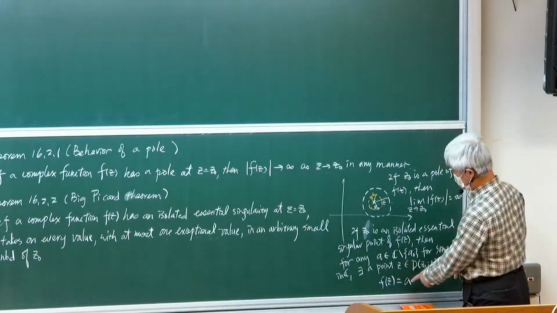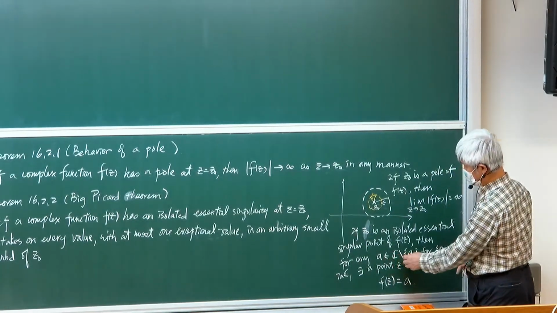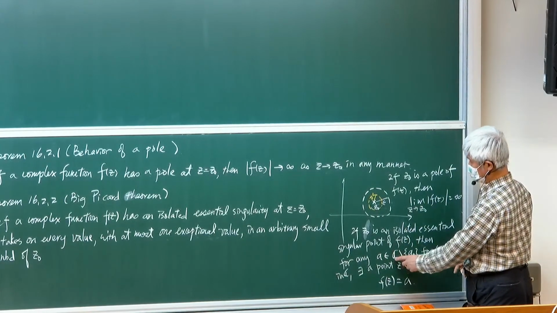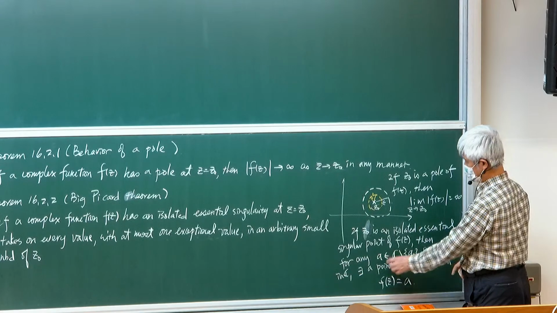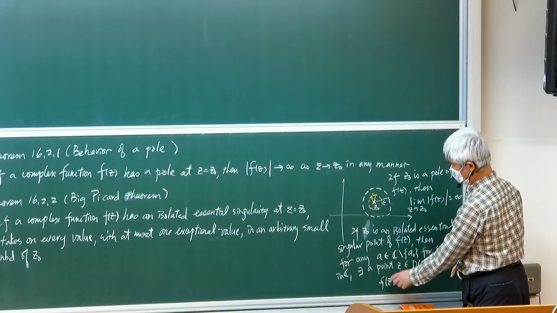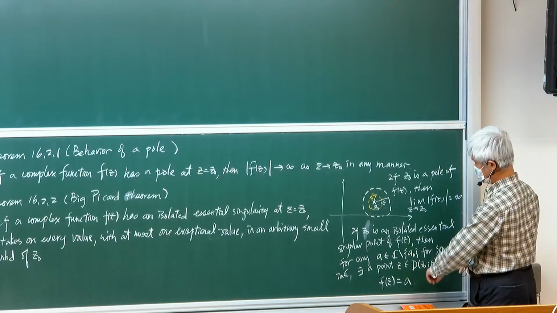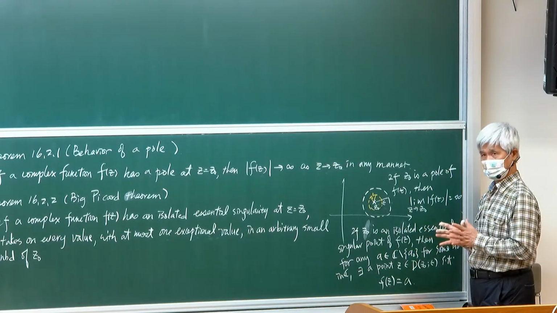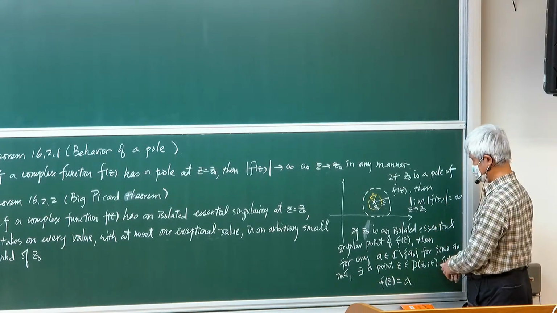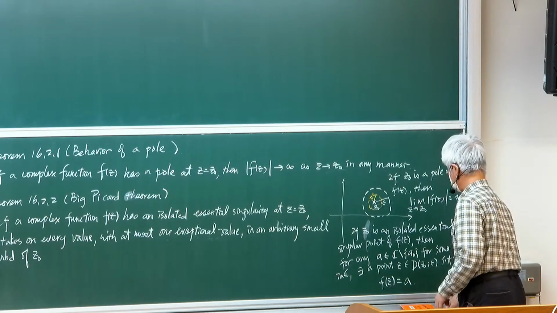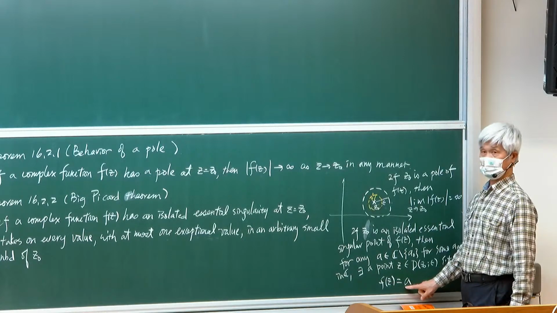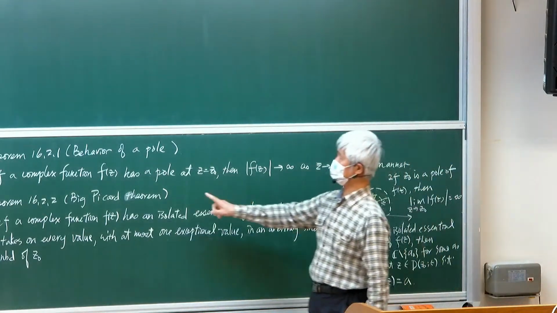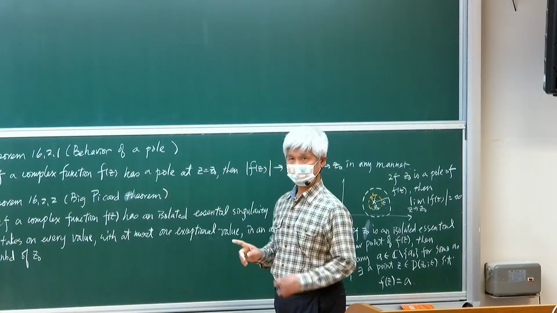So you can select A from the complex plane, except one possible value A0, and you can always find a z in an epsilon neighborhood of z0 such that f of z has value A.